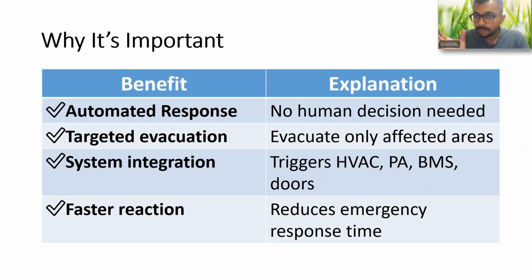Whenever a cause takes place, whenever an input is activated, the action takes place immediately, so the emergency response time is reduced. So the four benefits are automated response, targeted evacuation, system integration, and faster reaction time.